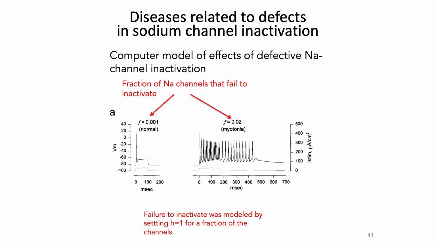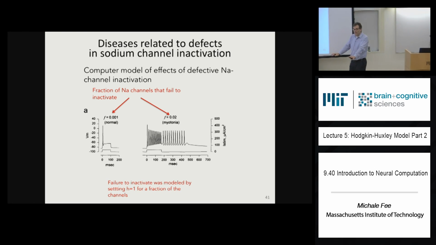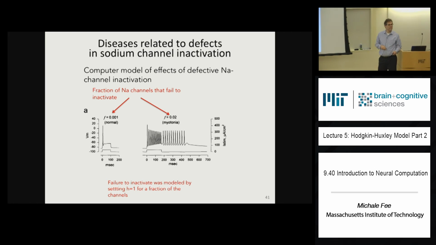And when you turn the current off, you get this high potassium concentration in the T-tubule that's now causing additional spikes. Okay? That is continued contraction of the muscle. Okay? That is this myotonia. The model is exhibiting myotonia.